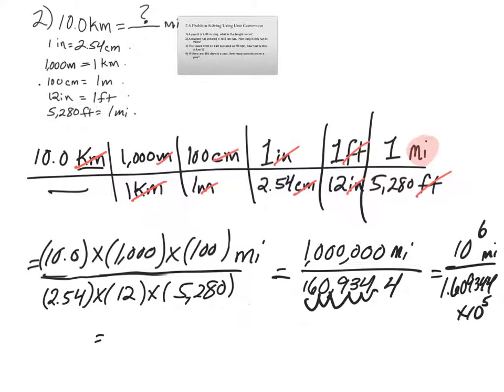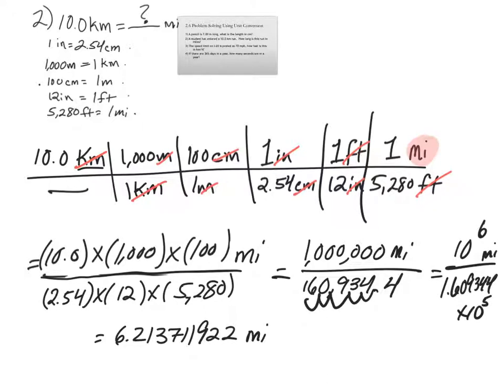And so then you do the division. 1,000,000 divided by 160,934.4 essentially is equal to 6.213711922 miles. Obviously that's ridiculously too many numbers, so we need to look at significant figures.